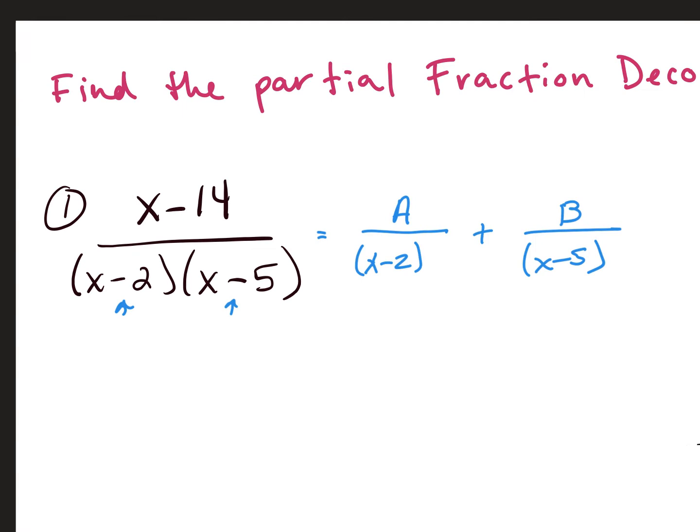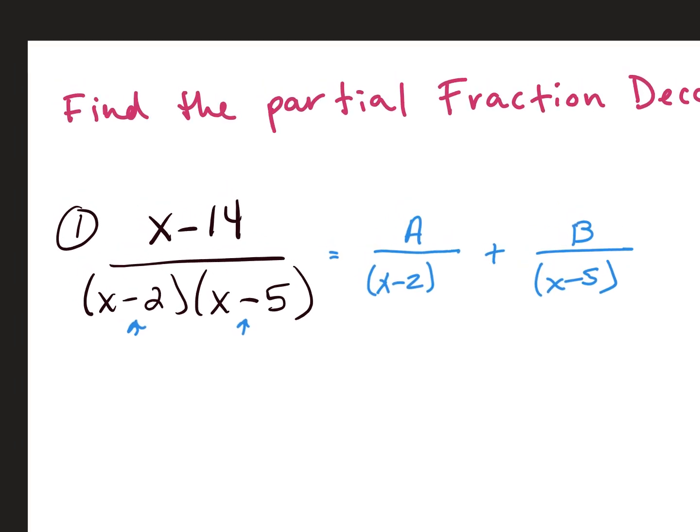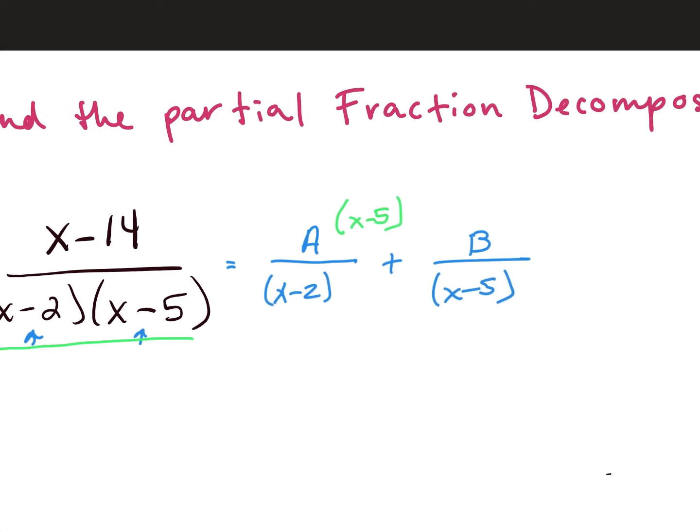So now what we're going to do is set up. Before we solve, we're going to set up. So I'm going to say, all right, if I was going to get a common denominator between x minus 2 and x minus 5, well, we already know what that would be. It would be both of them together. So I'm going to multiply my A term by the piece it doesn't have, and then I'm going to multiply the B term by the piece it doesn't have.